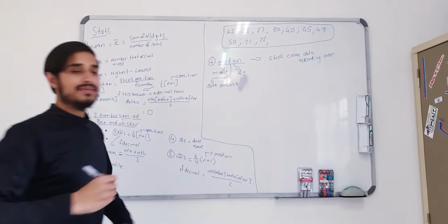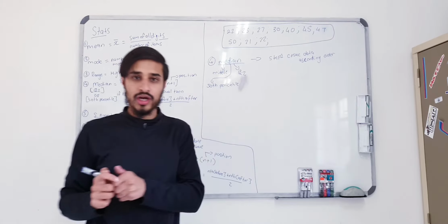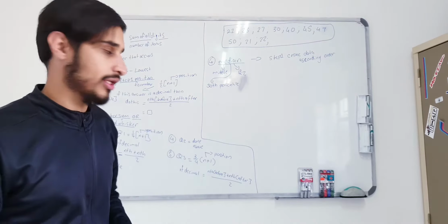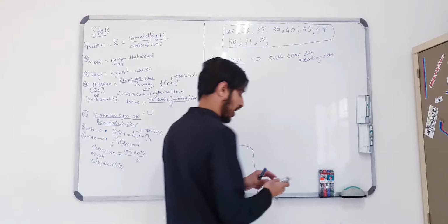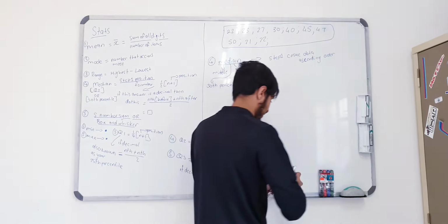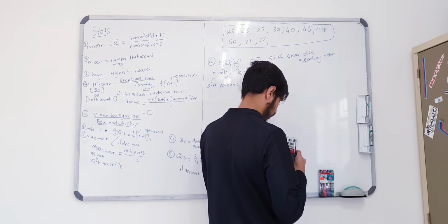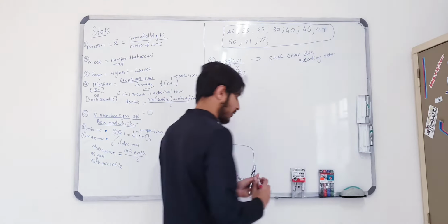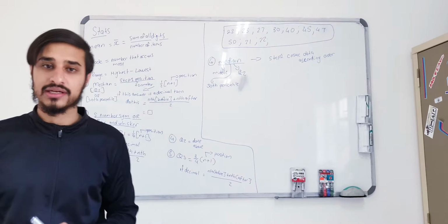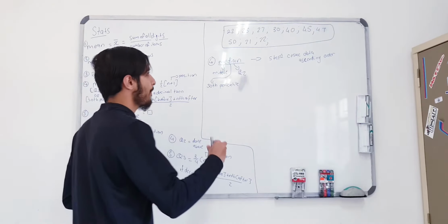Is my data that is given here in ascending order? No, my data is not. So I need to go and arrange it in ascending order. So how do I go ahead and do that? Remember, ascending order is from your what to your what? It's from your smallest to your biggest. Agreed. Your ascending order is from your smallest to your biggest.